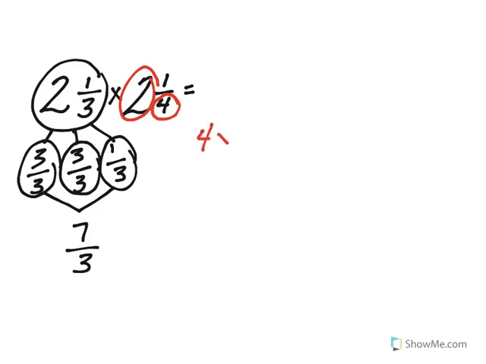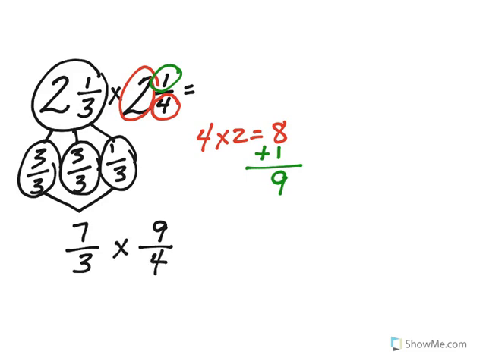I know that 4 times 2 is 8, and then I can add my numerator plus 1 and get 9. That would be my new numerator, and the denominator would stay the same. And if I do my number bonds, I would find 4/4 plus 4/4 plus 1/4 is equal to 9/4.